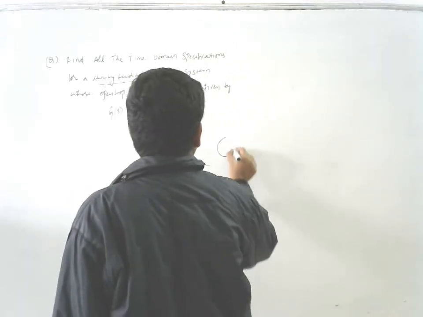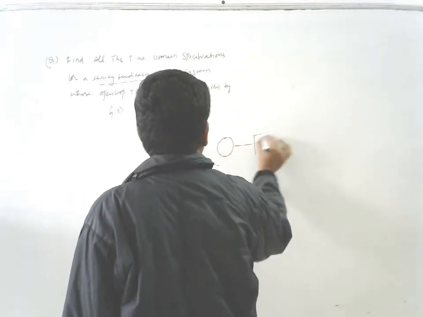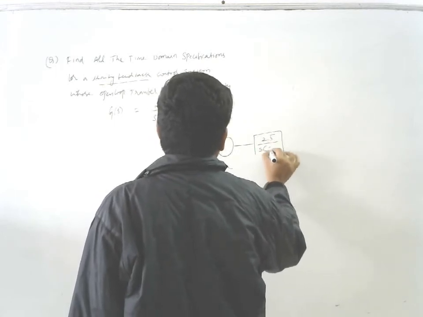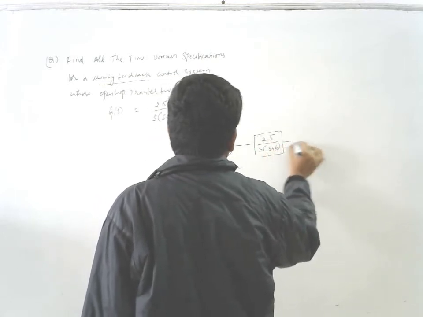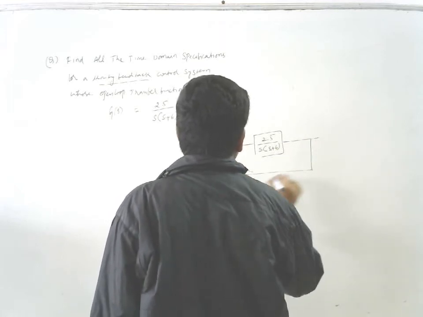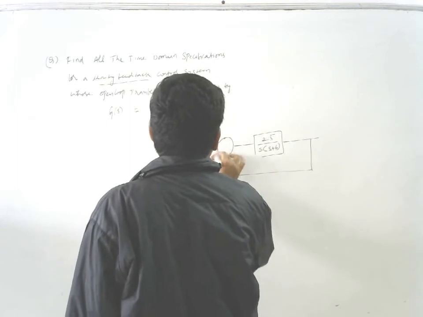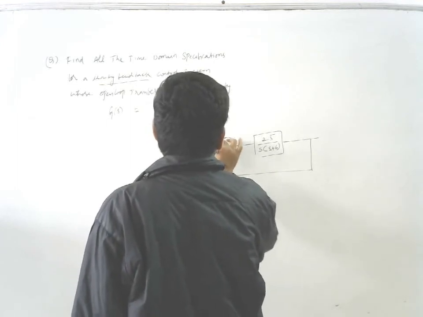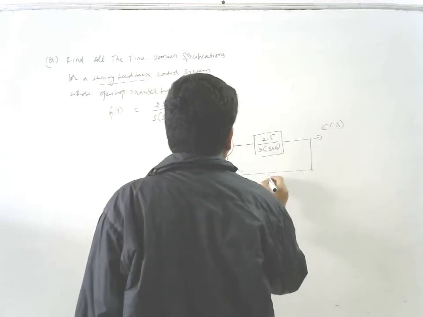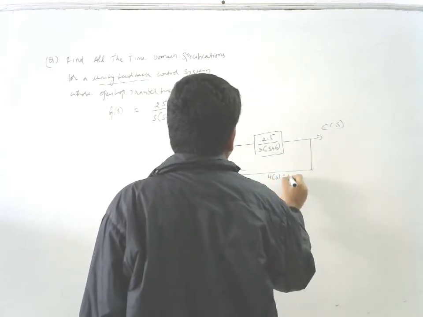So I am going to give negative feedback. This is R of s and this is C of s. This is H of s, which is equal to 1.